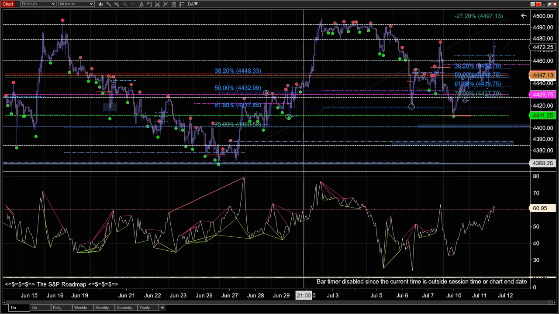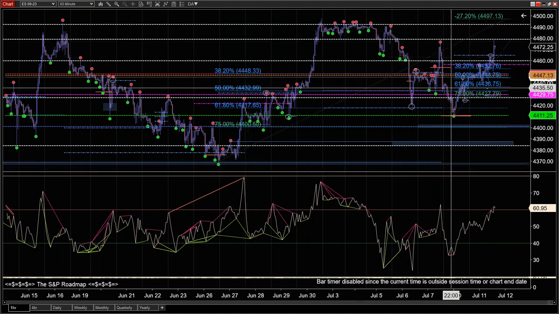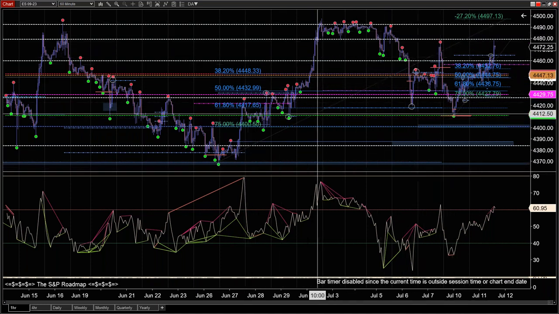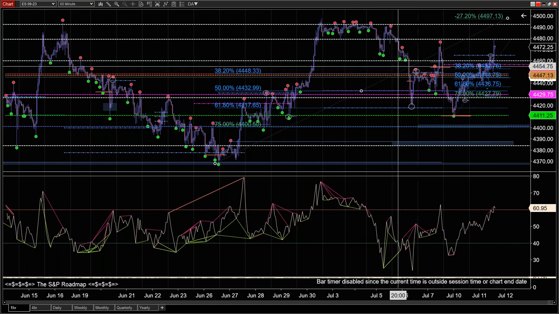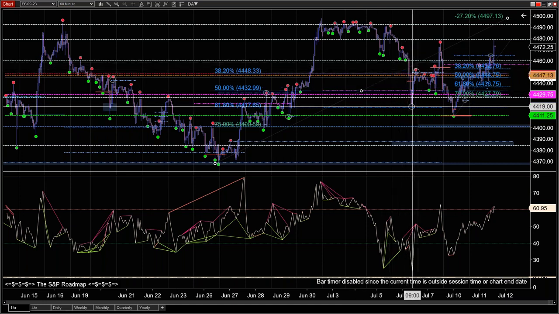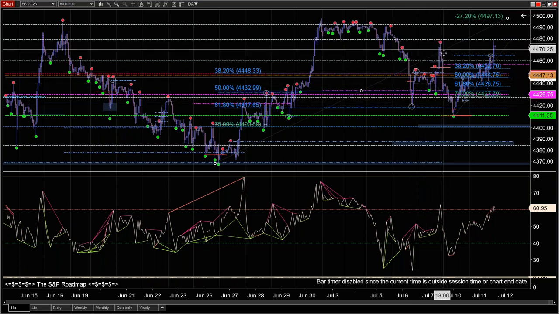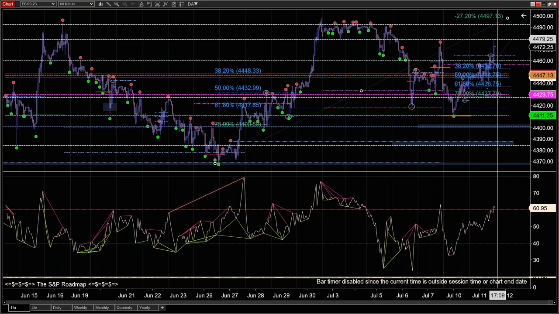So the fib leg of this push up that we've already retraced and bounced from is done with, right? In fact, it went right through the 38, right through the 50, and came to the 61, held, bounced, bears came back in, we pushed a little lower and bounced again.